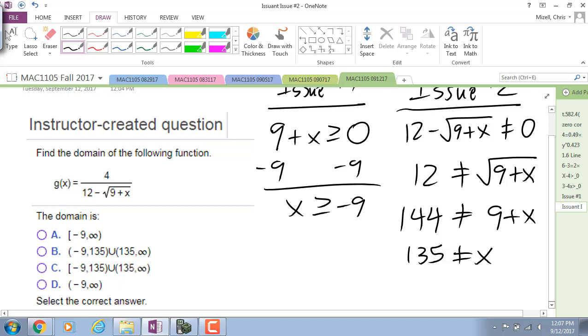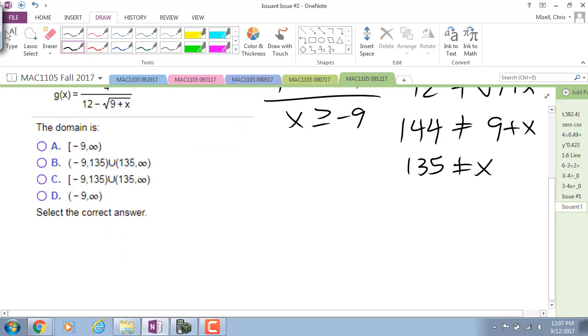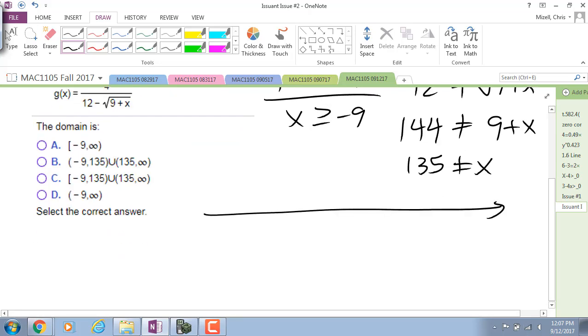So on the number line, we're looking at negative 9. I'm going to draw this to scale. I have to be extraordinarily careful. Negative 9 is a key point. 135 is also a key point. x is greater than or equal to negative 9 would mean it's at negative 9 or to the right of negative 9.